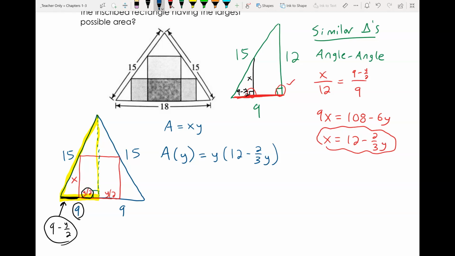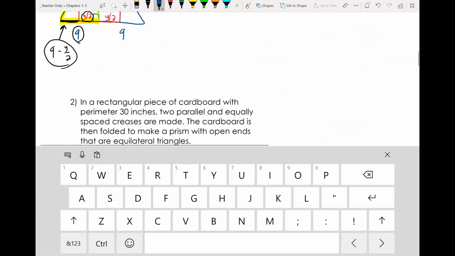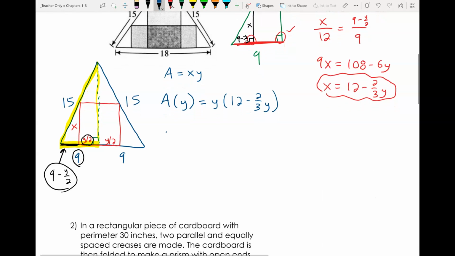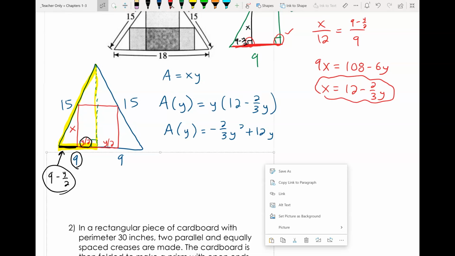If I distribute the y through the parentheses, I get that the area in terms of y is negative 2/3 y squared plus 12y, which is a quadratic, so I can use the vertex formula to find the coordinates where the maximum is. So, remember the vertex formula is usually x equals negative b over 2a.